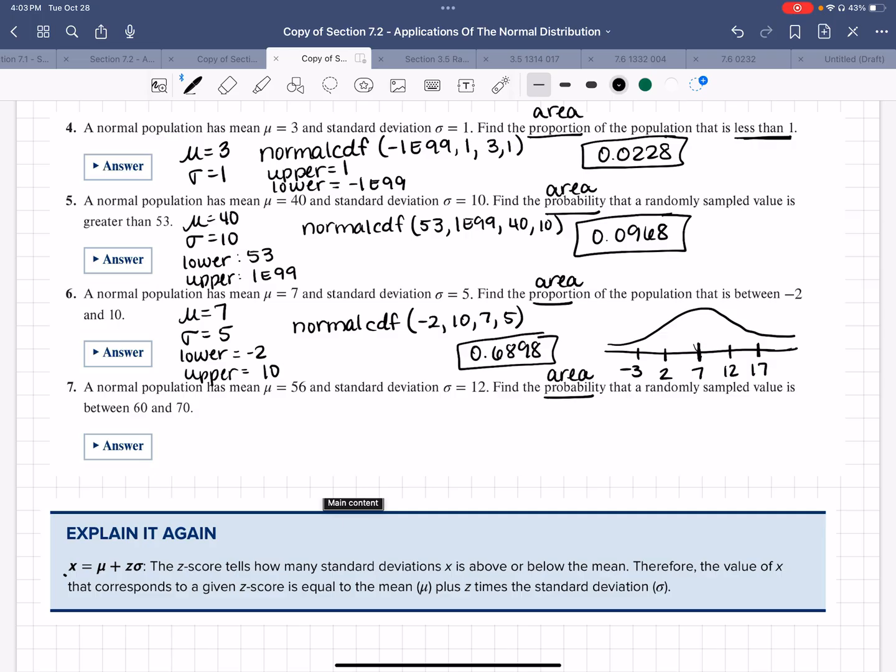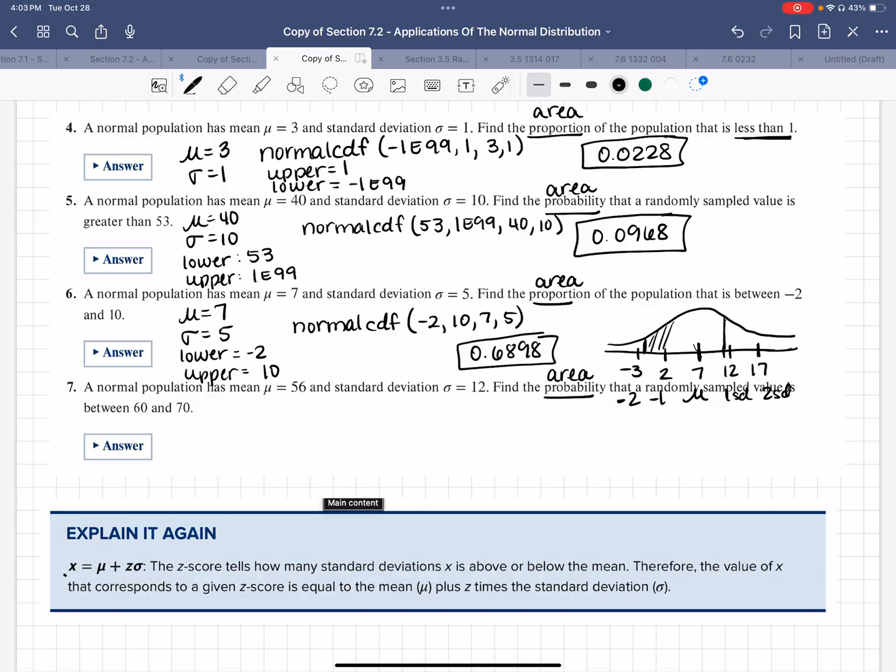Here's my mean, and that is 1 standard deviation, 2 standard deviations, and on the negative side still 1 standard deviation, 2 standard deviations. What this question is asking is, what percent of the population falls between -2, right here, and +10, which is about right here.